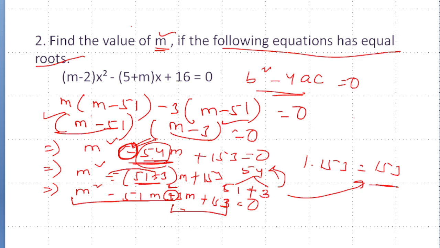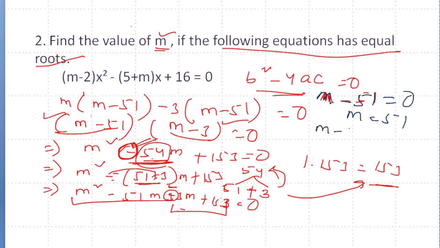So now solve for two answers. m minus 51 equals to 0 and m equals to 51.